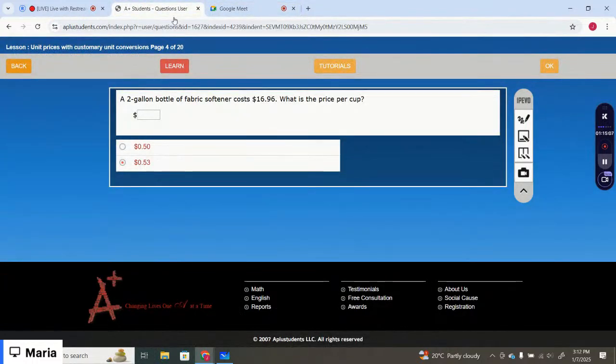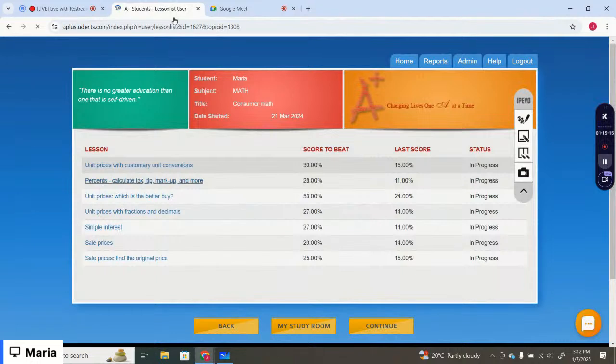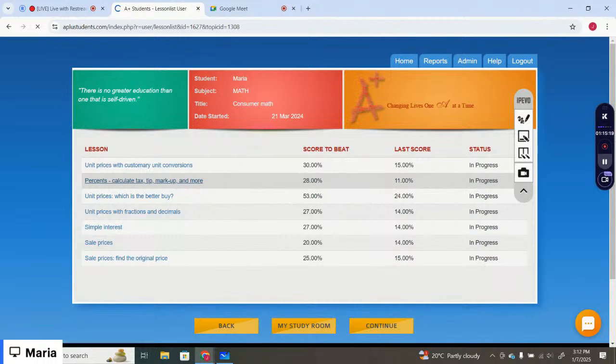The next lesson is percents: calculate tax, tip, markup and more.